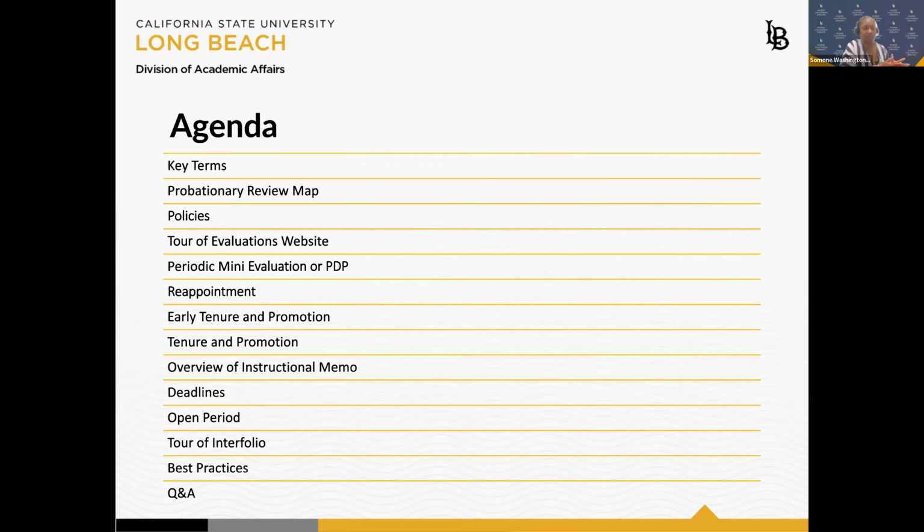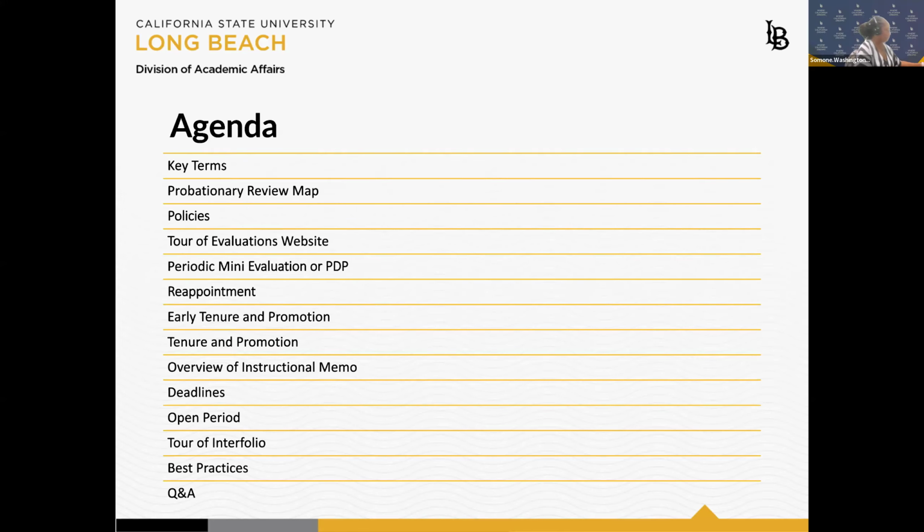We'll take a tour of the evaluations website offered by the Office of Faculty Affairs. We'll go over some RTP policy updates, and we'll go through the different types of evaluation so that everyone is clear on what each one means, what its purpose is, and if you have any questions about any of them, just let me know. I will also give you a tour of the Interfolio platform in case you have not used it yet or haven't seen it yet.